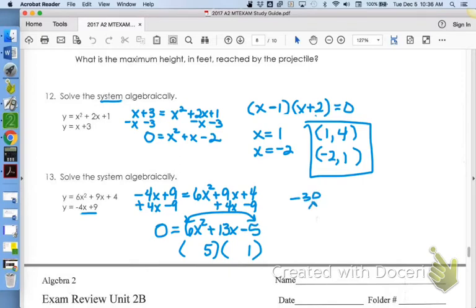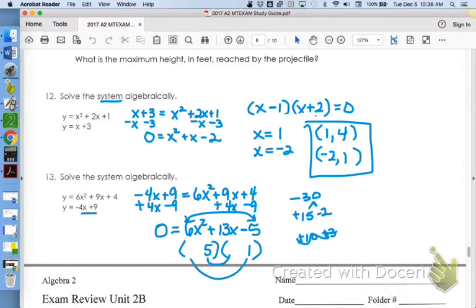Factors of negative 30 that subtract to equal 13 are 15 and 2. Notice if you had 10 and 3, you can't get a negative out of that because they both have to be positive to get a positive 13. So that one got disqualified. This is going to be positive. This one's going to be negative.